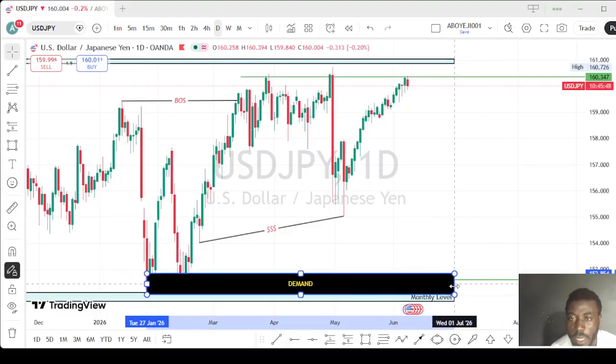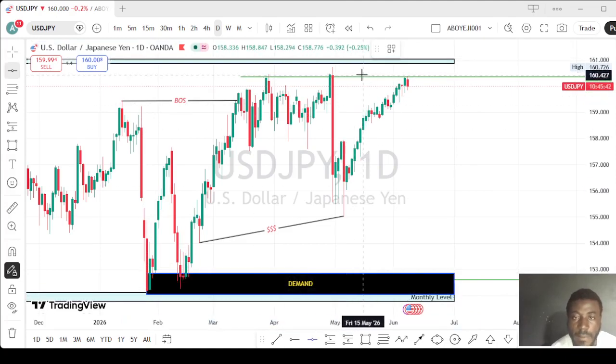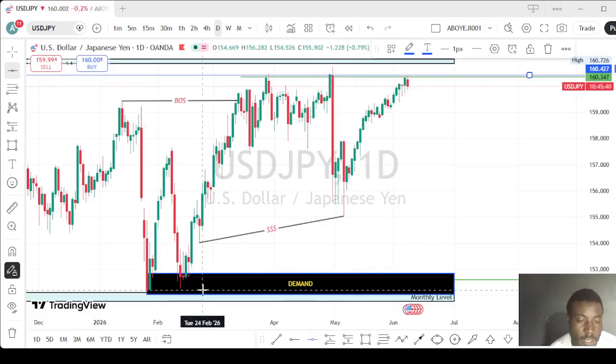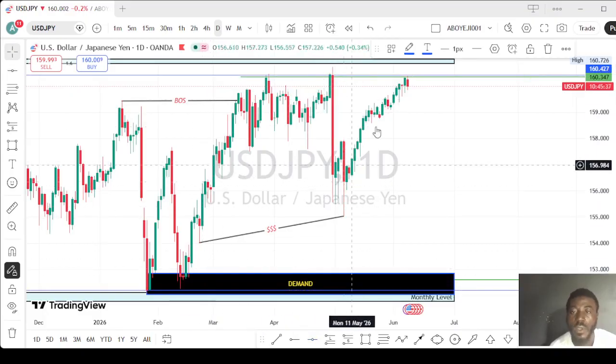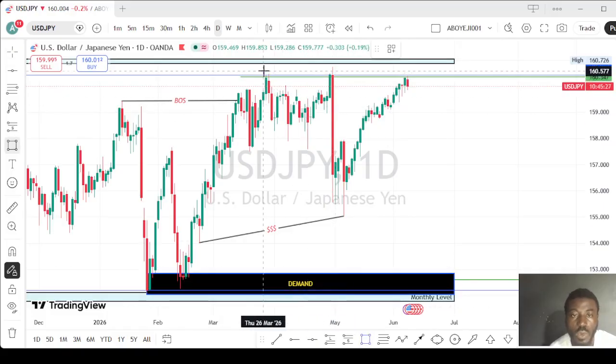So let's see if the market is going to break this structure, and this is our what? This is our swing high here, and this is our swing low here. So this is what the market is giving.